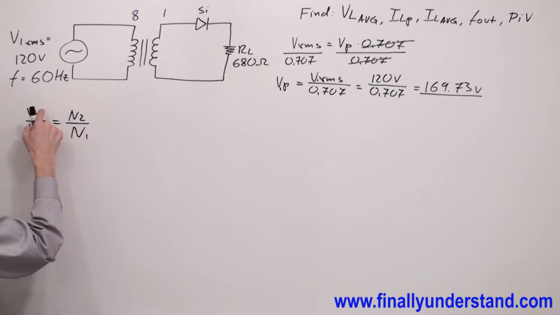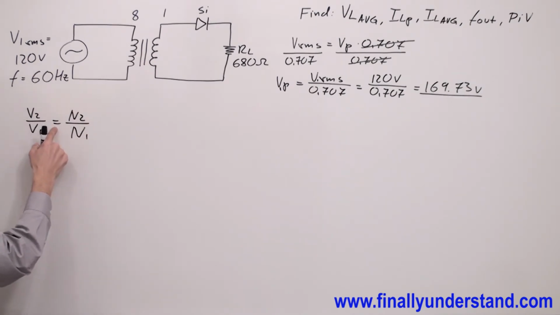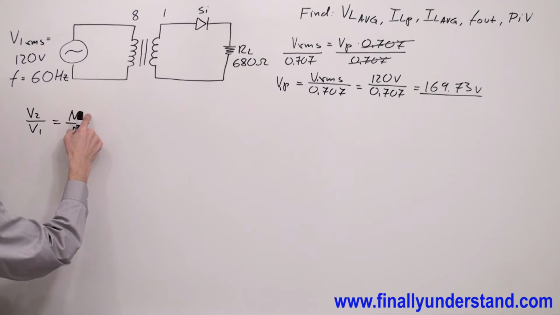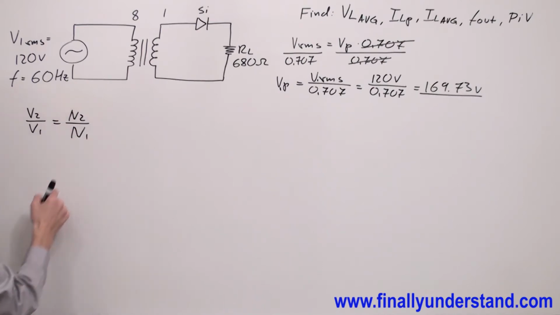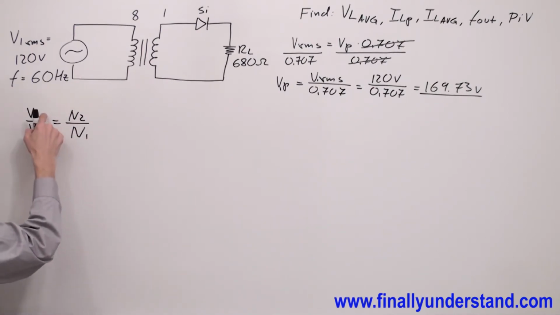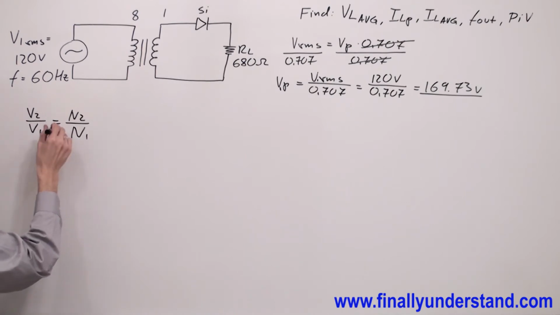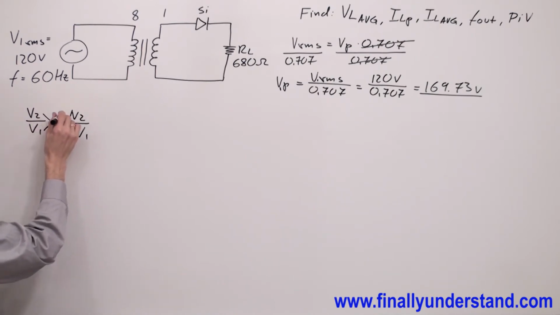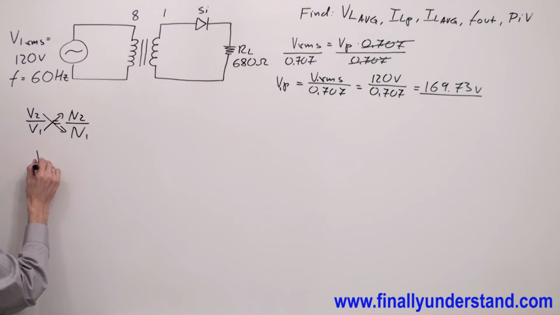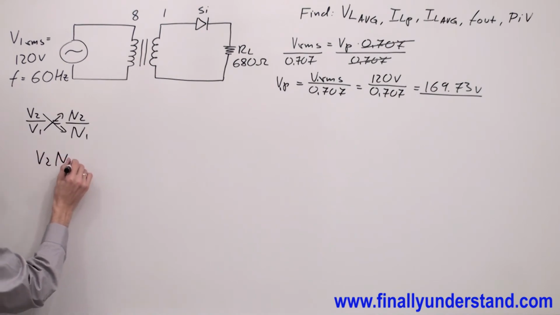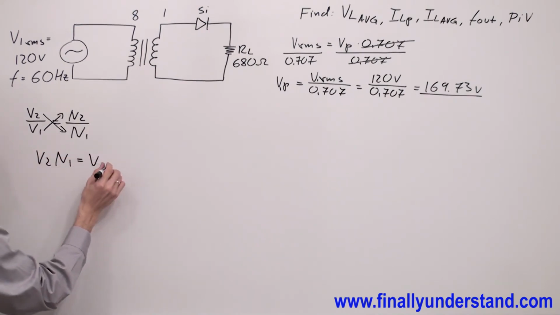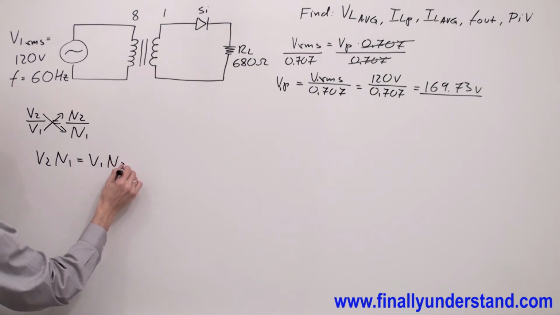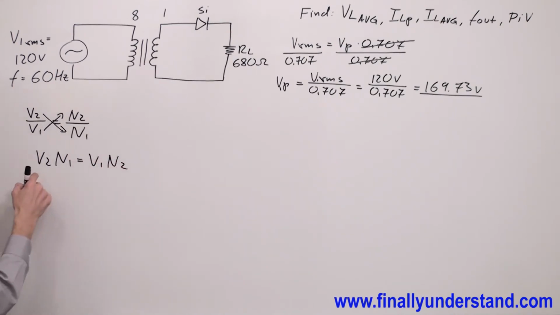In other words, V secondary over V primary is equal to the secondary winding over the primary winding. I'm looking for V secondary, so in order to solve this proportion, I have to cross multiply. And I'm going to have V2 N1 is equal to V1 N2.